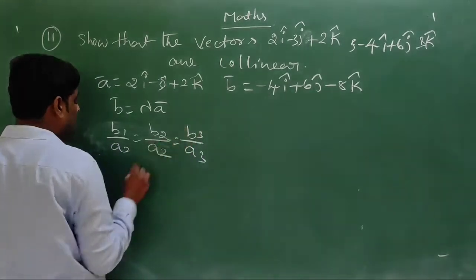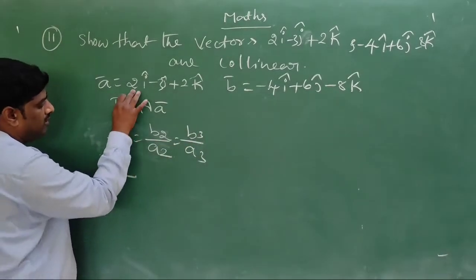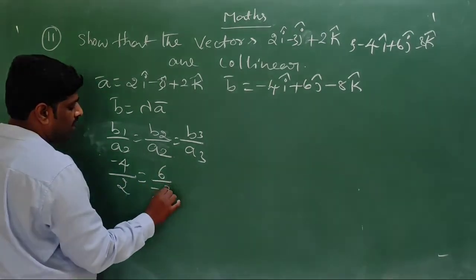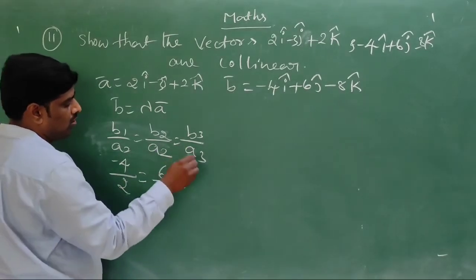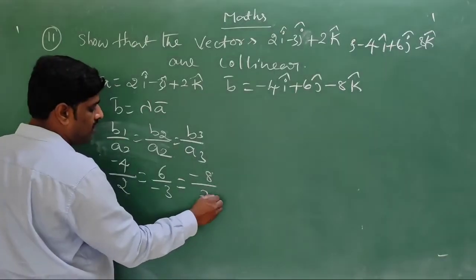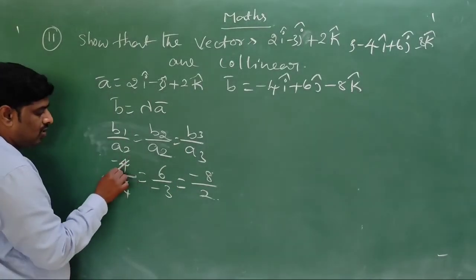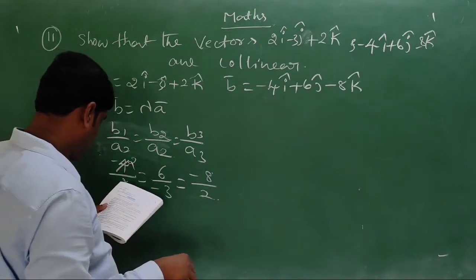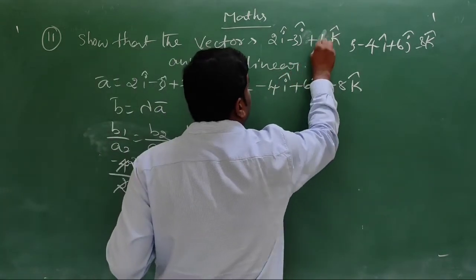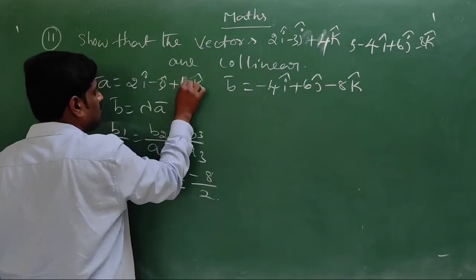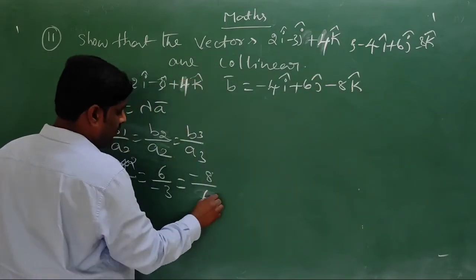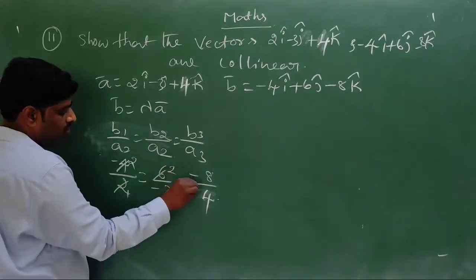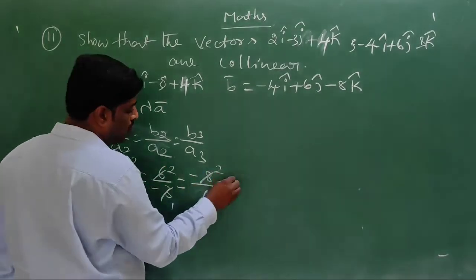What is B1 here? Minus 4 divided by 2 equal to 6 divided by minus 3 equal to minus 8 divided by 4. 2 ones are 2, 2 twos are 4, 3 ones are 3, 3 twos are 6, 4 ones are 4, 4 twos are 8.